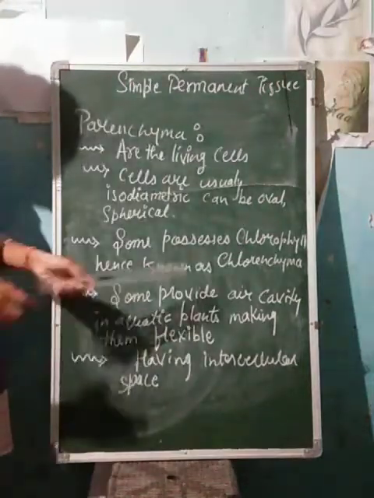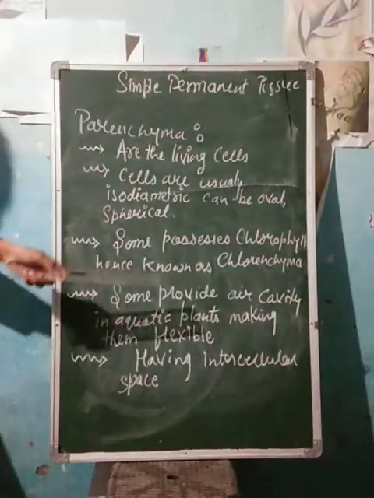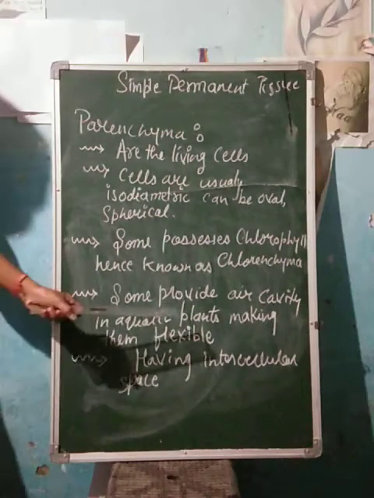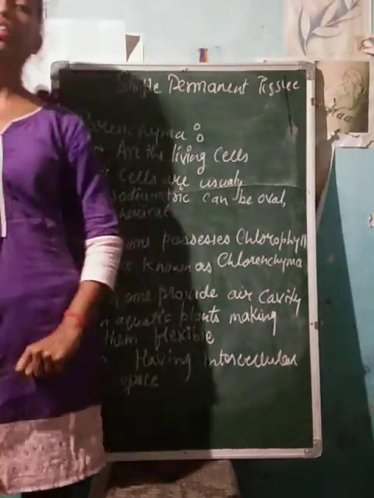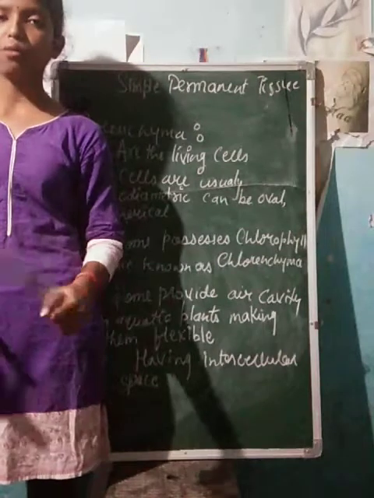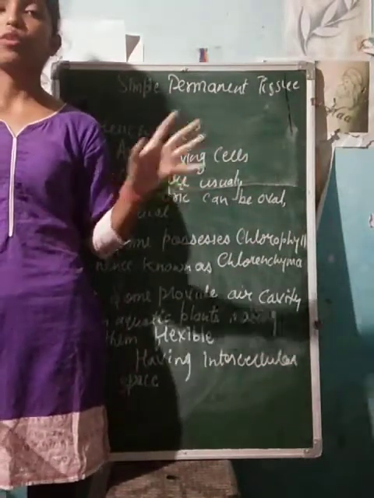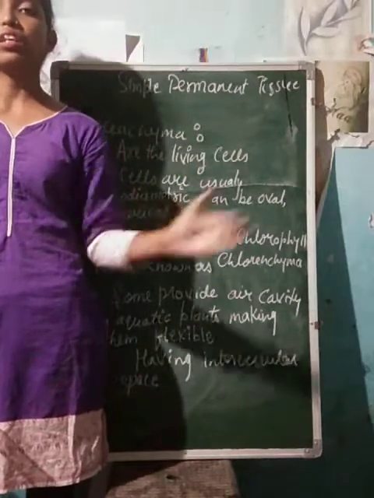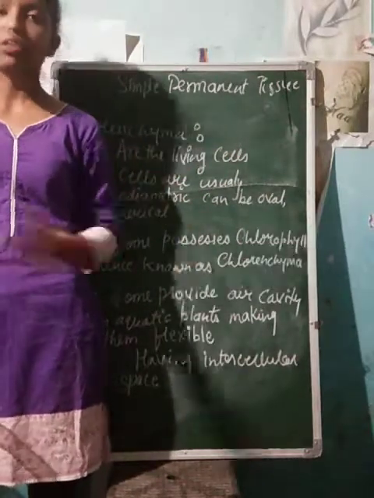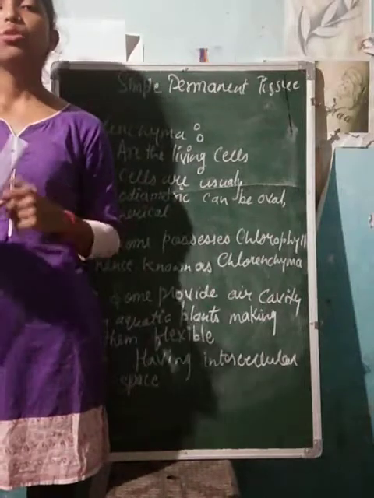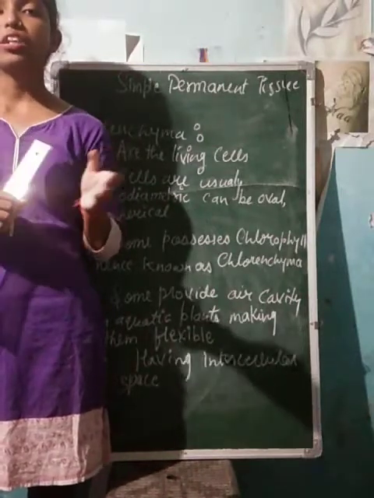So some provide air cavities in aquatic plants, making them flexible. You would have observed that when there is a current flow of water, whatever the velocity of the current is, the plant does not get destroyed.